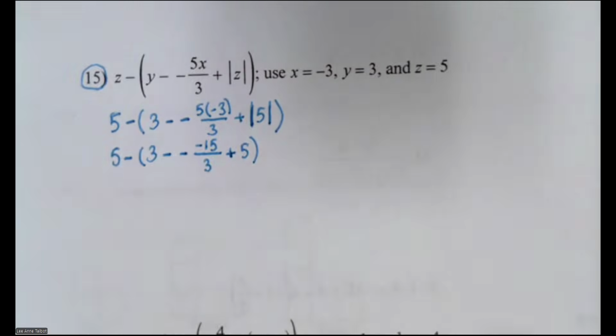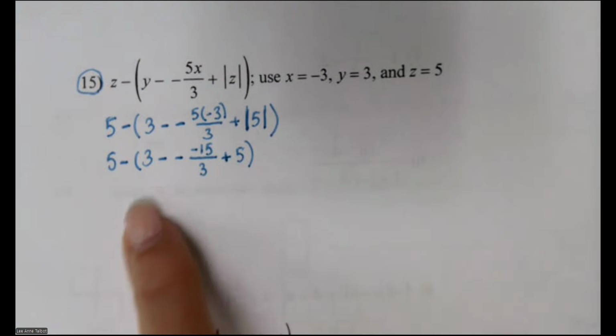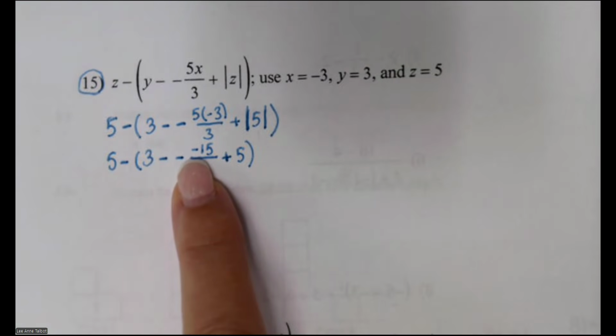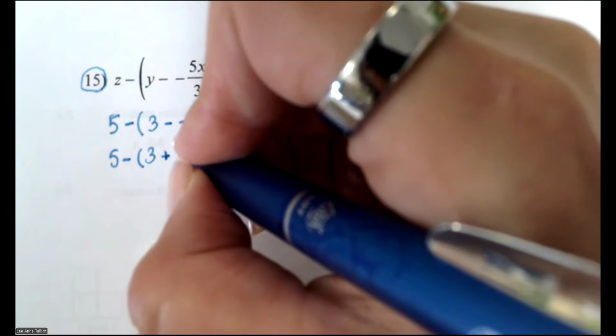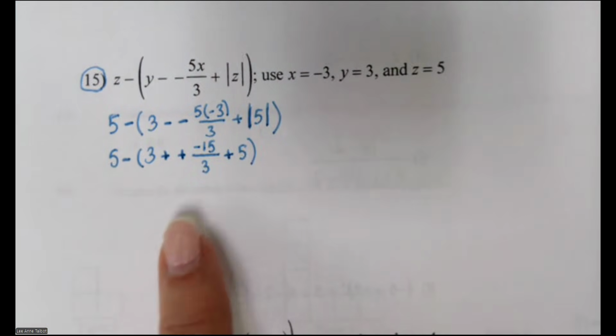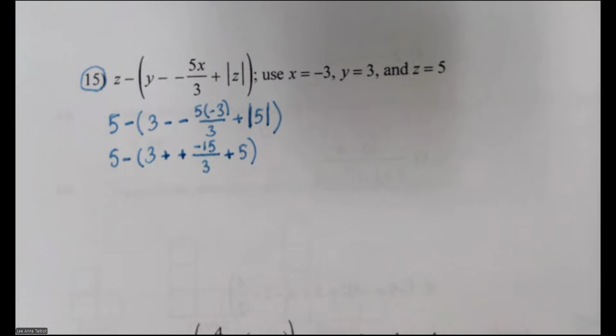Okay, now this is kind of awkward. I've got 3 negatives instead of 2 negatives. So you can cancel out 2 of them and make them plus, but the third one stays. I did that wrong.